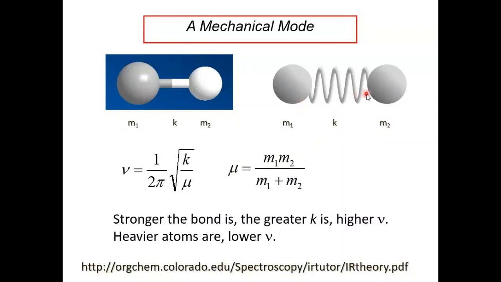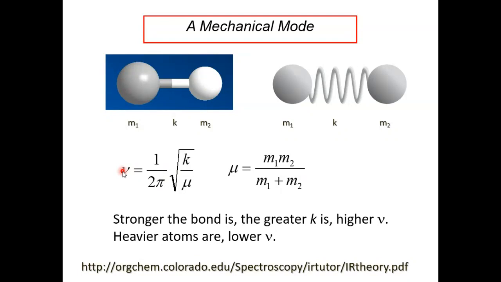Pi is a constant too. So if you change the bond strength, the stronger the bond is, the stretching vibration frequency goes up. The weaker the bond, the smaller the K becomes, and the stretching vibration frequency goes down. That's the first thing: the stronger the bond, the greater the frequency; the weaker the bond, the lower the frequency.